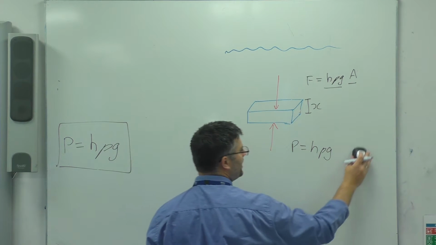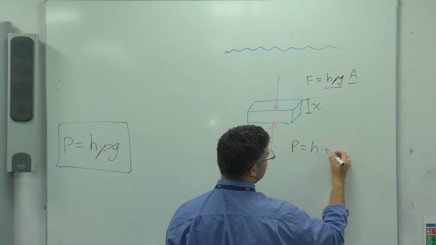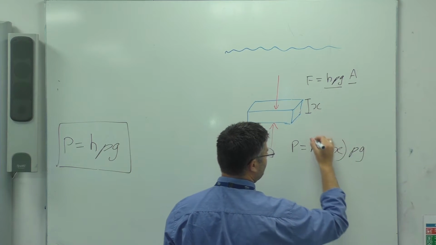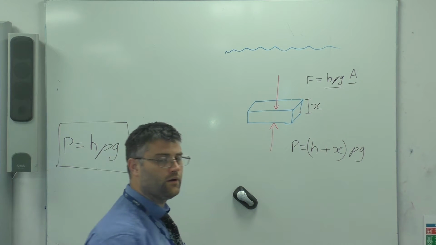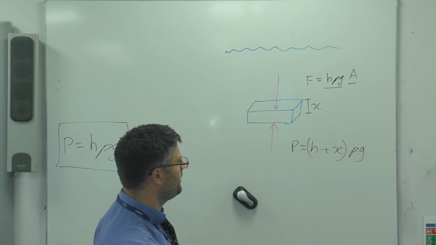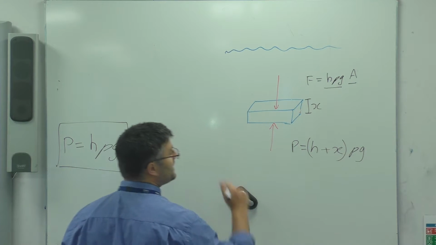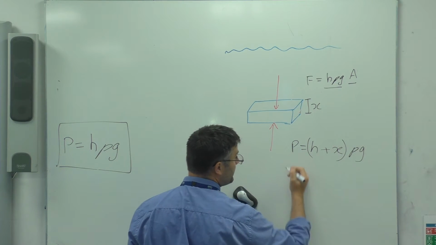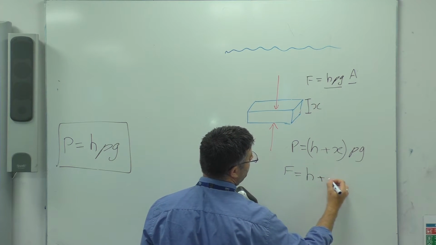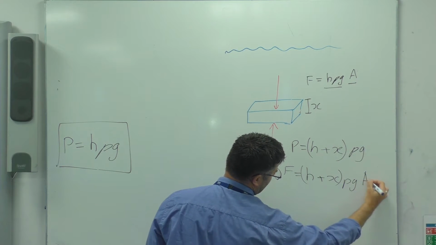So this pressure becomes slightly different. It's h plus x, times rho g. So when we transfer this into a force equation, as we did before, we get force is equal to h plus x, times rho g a.